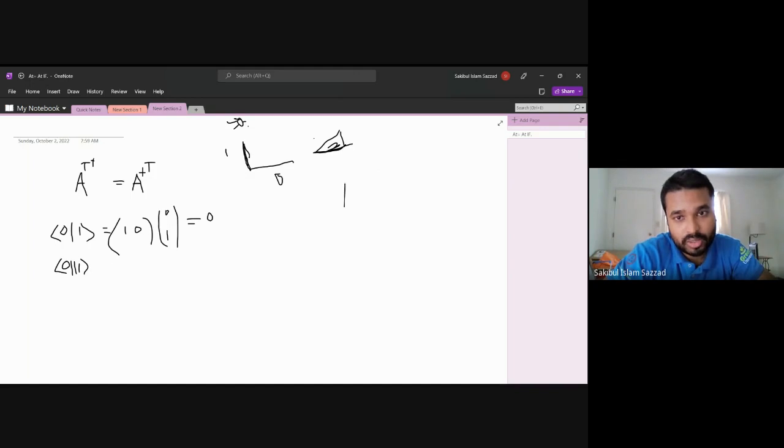There is a 5 volt level and a 0 volt level. So 5 volt means 1 and 0 volt means 0.